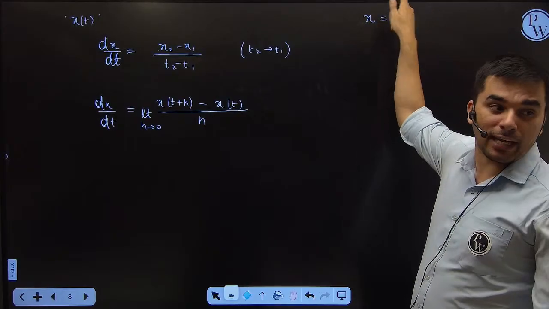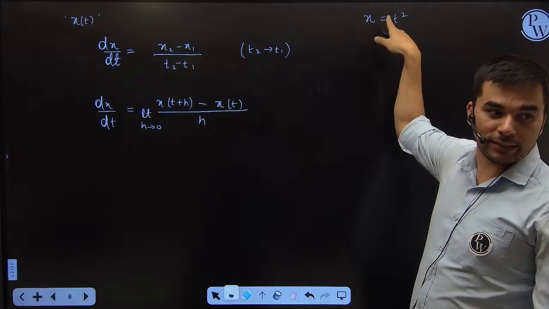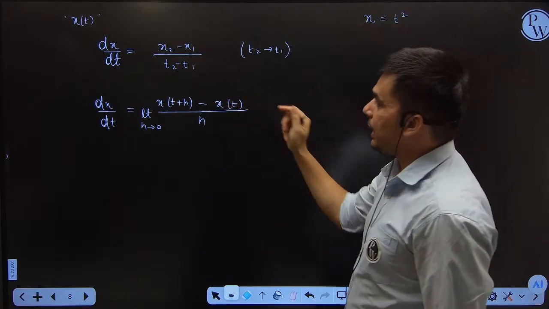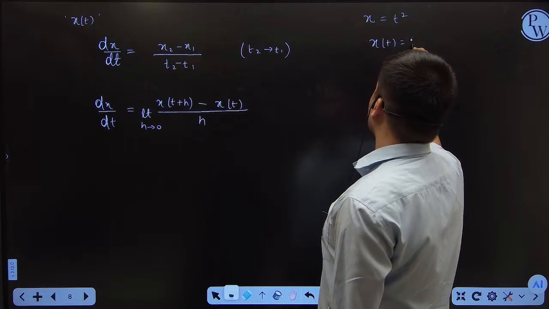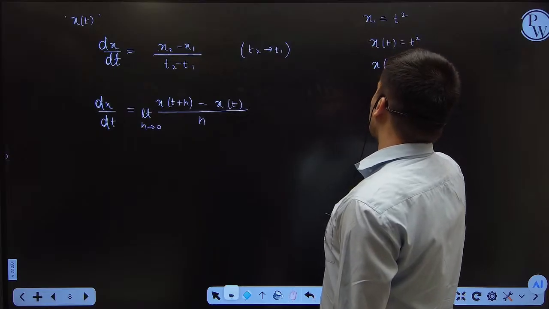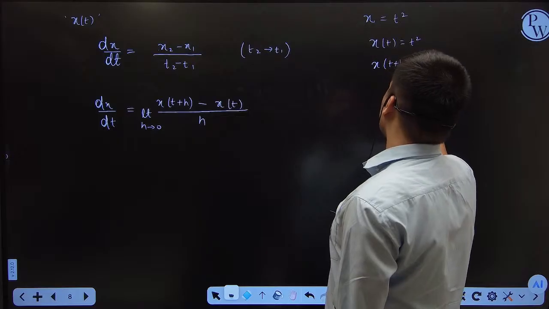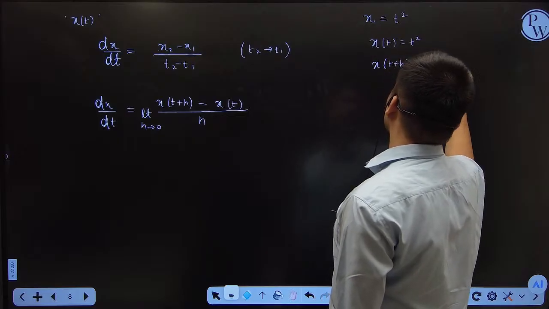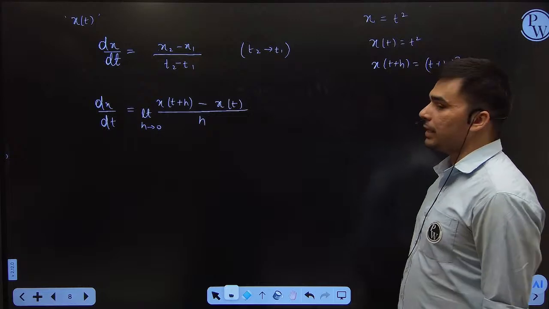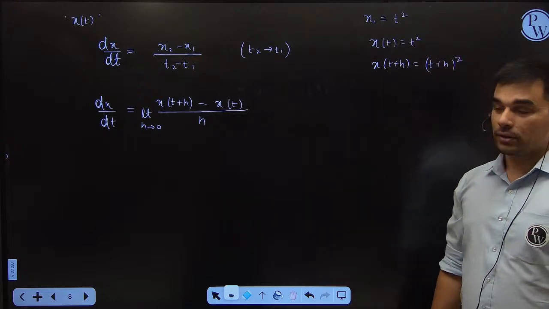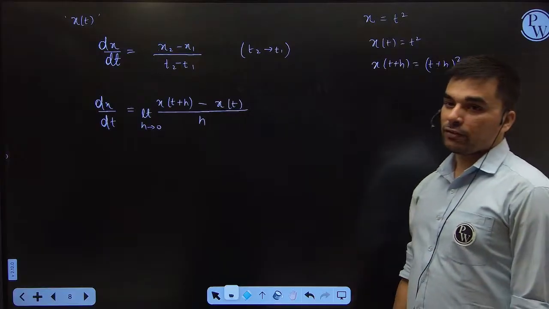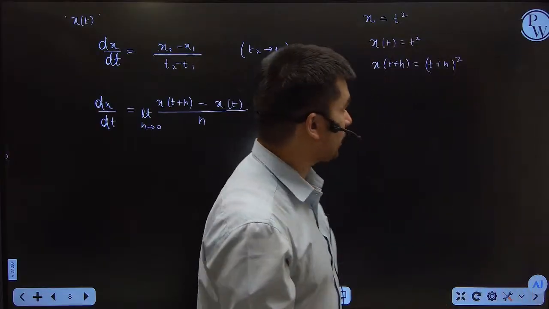At general time t, we can say that the value of x is t square. So can I say x of t is t square? Using that logic, x of t plus h is going to be t plus h whole square. All you need to do is, wherever t is there, put that as t plus h and then get the required function. So take the difference of these two, divide it with h, and see what answer you are getting from here.